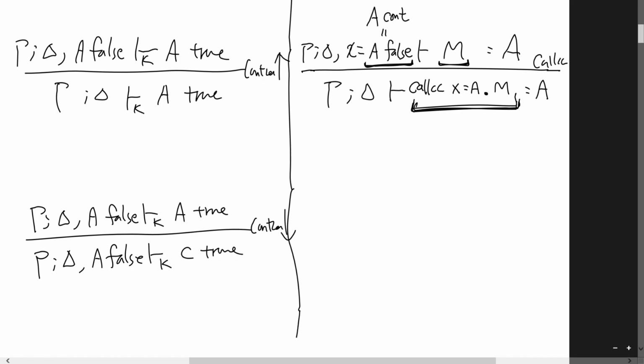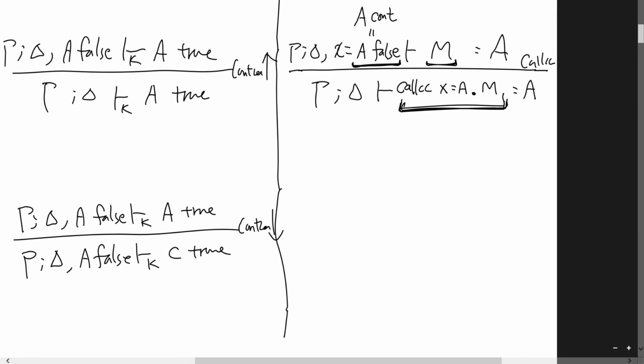So let's translate this rule using proof terms. You have gamma, delta. This A false is now translated to x has a type A false, and you have some proof term M of type A.